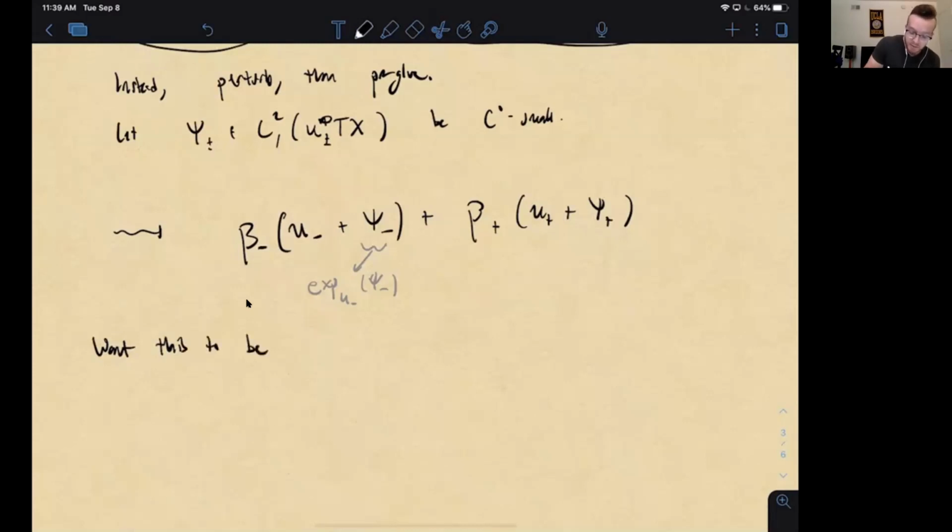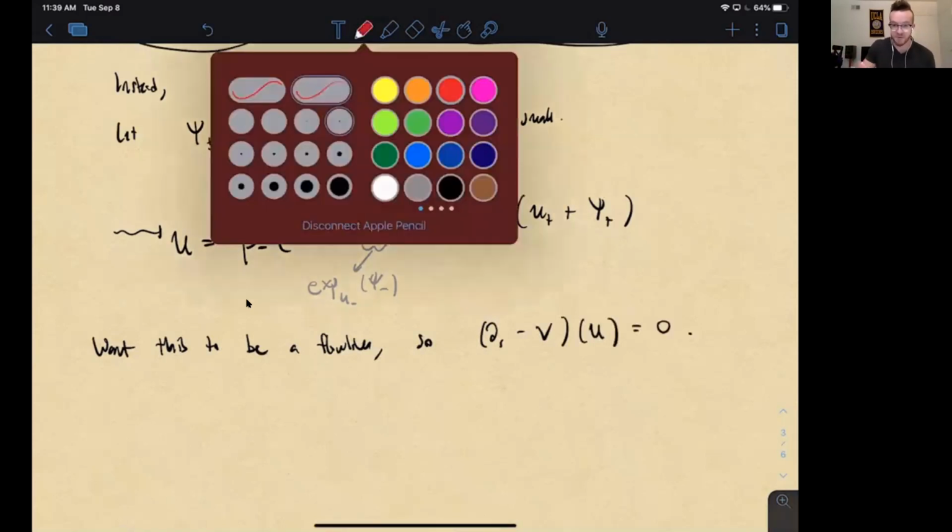So let me give it a name. Call this capital U. So I want our flow line operator applied to U to be 0. Okay, now, so we'll just compute this, sort of.